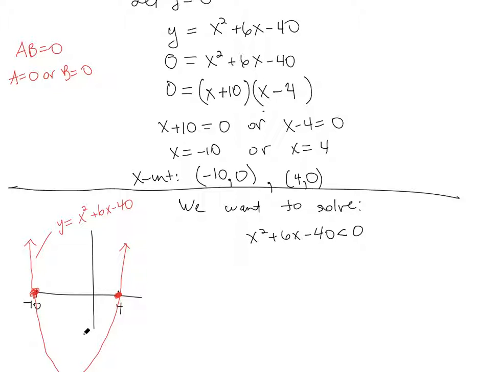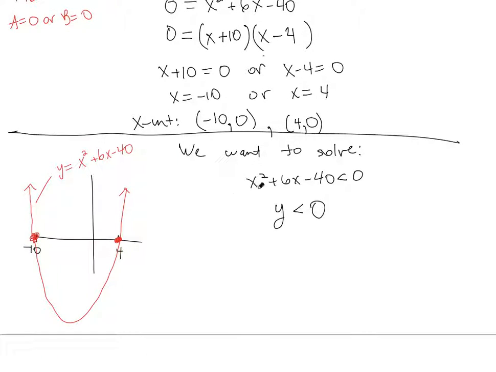How do we use this graph? Well, we recognize that on this graph, x squared plus 6x minus 40 is equal to y. So solving this inequality is equivalent to finding points on the graph where y is less than 0.